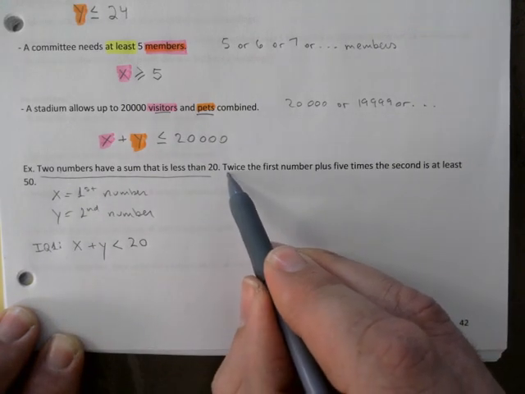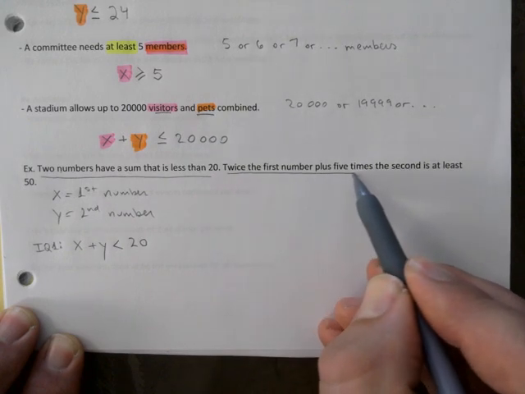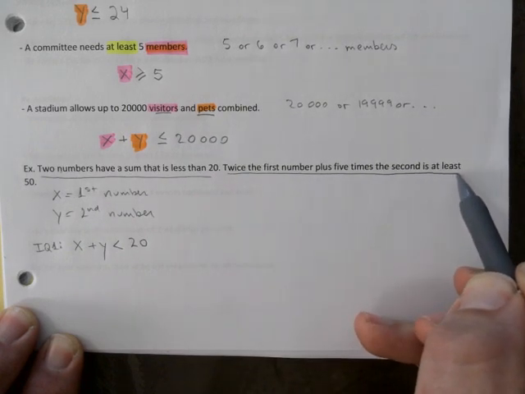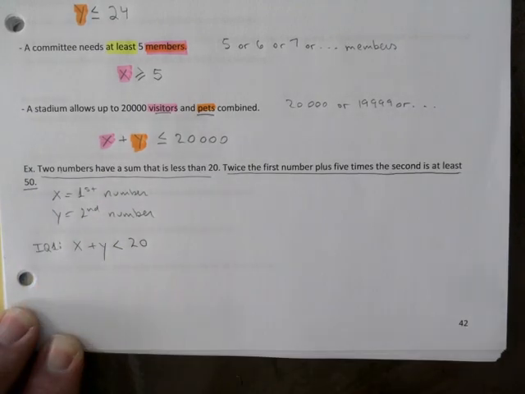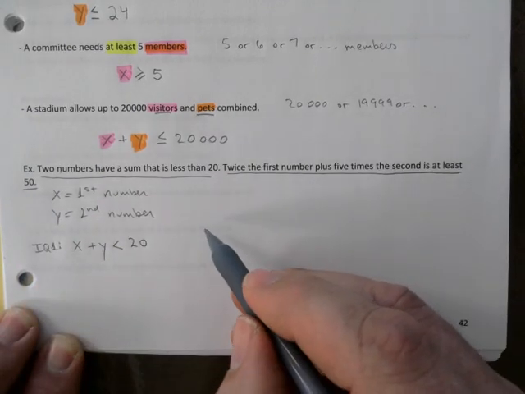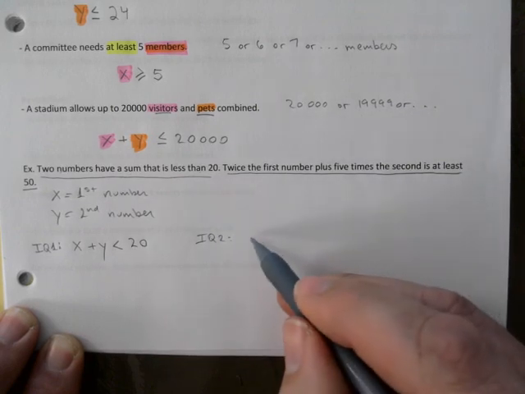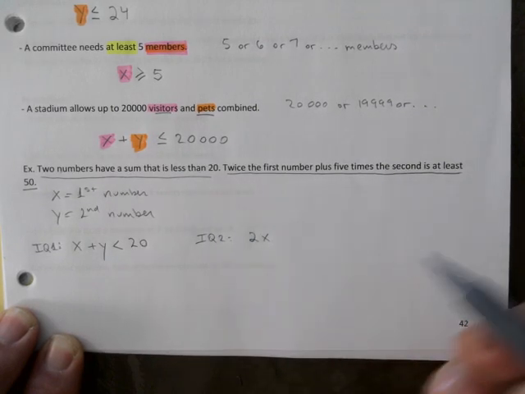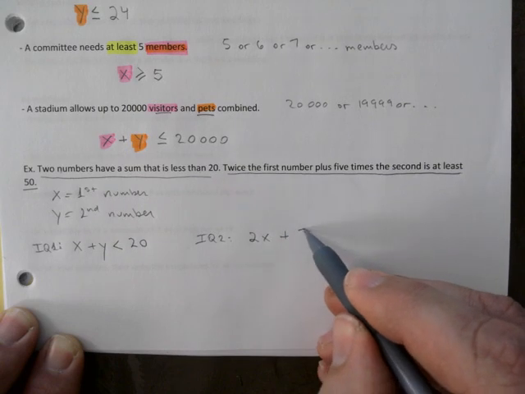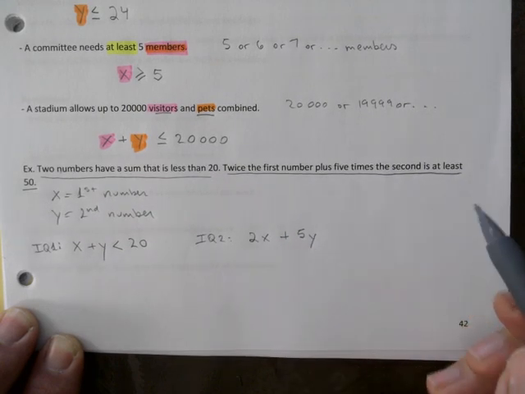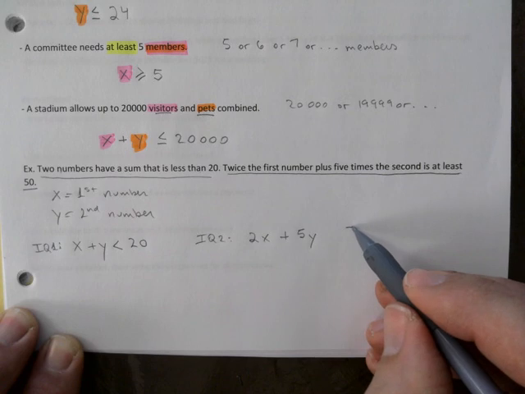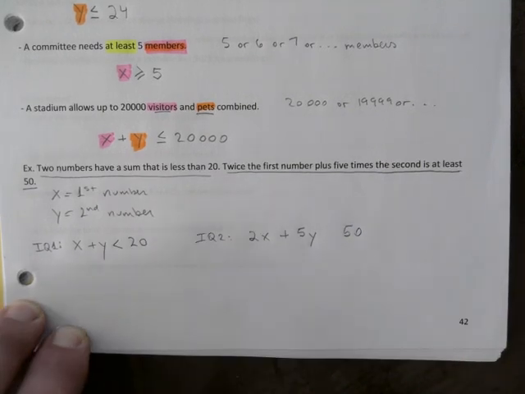And then it says twice the first number plus 5 times the second number is at least 50. Say what? Okay, well, let's write the second inequality. Twice the first number plus 5 times the second number is at least 50. So I'm just going to put the 50 there.